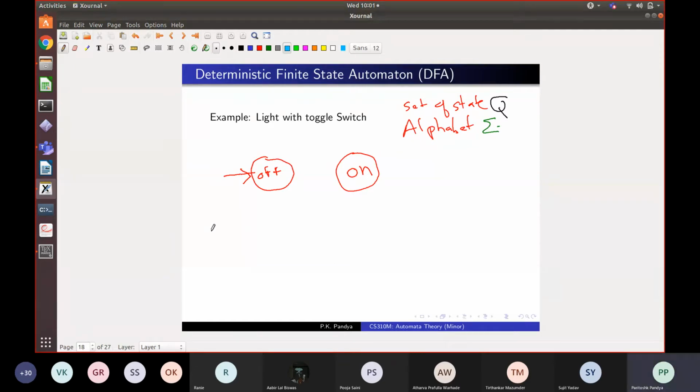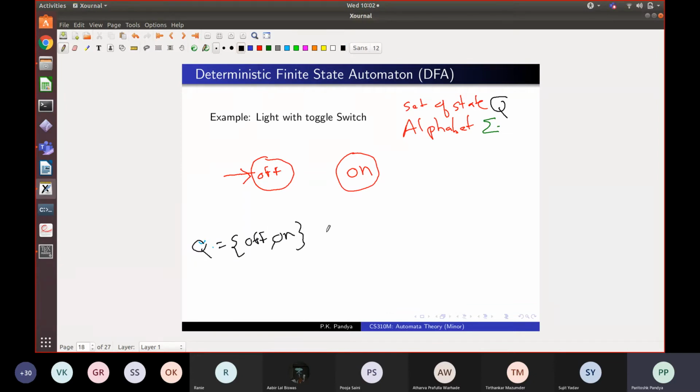Let's not use blue. Blue doesn't show up very well in the slides. Let's stick with black. So what is Q for this model? It consists of two states, off and on.